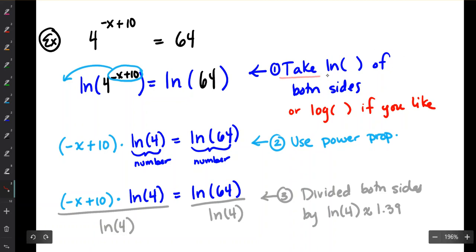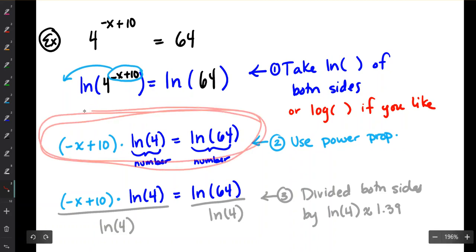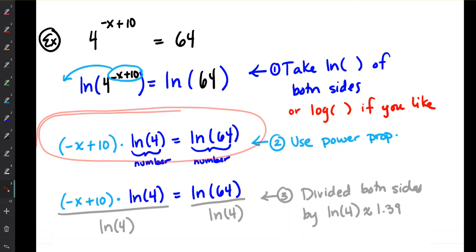What are your steps? You take the log of both sides. Either you choose to do ln or log, doesn't matter. You use the power property to bring that whole exponent down in front, and now you've got regular multiplication. We're now back in very familiar territory. Like solving linear equations, you just do the opposite to both sides.